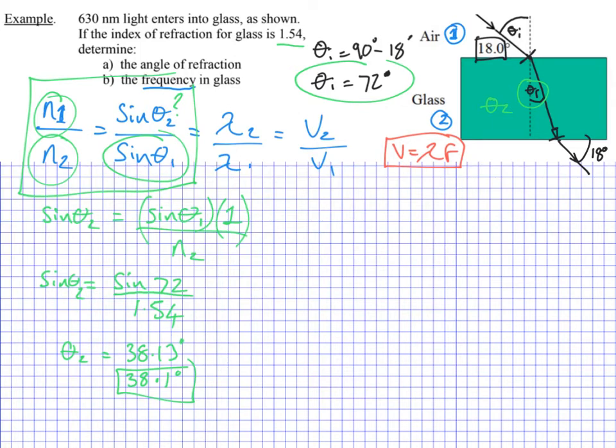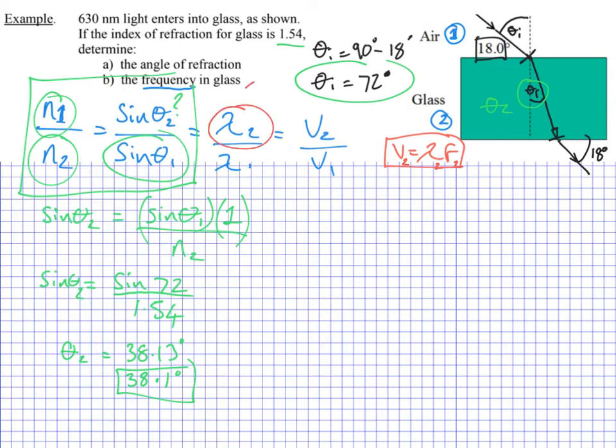Okay, next up we need to find the frequency in the glass. So more specifically we need to know V2 and lambda 2 in order to get F2. So how do we do that? Well, let's find lambda 2 first.